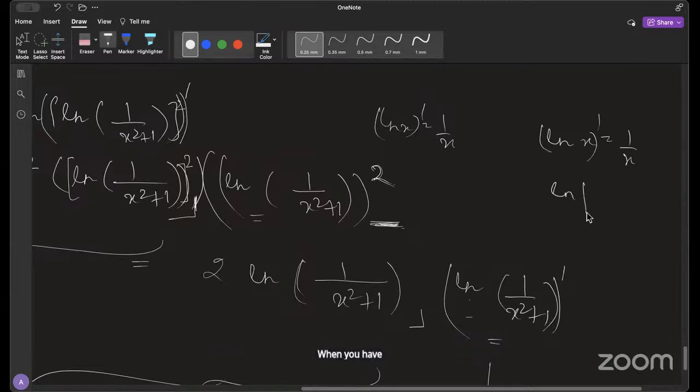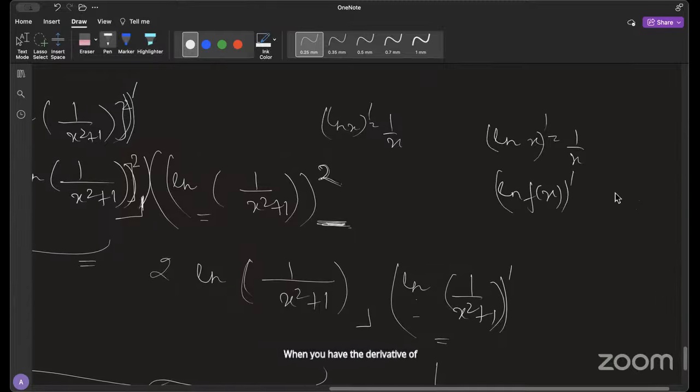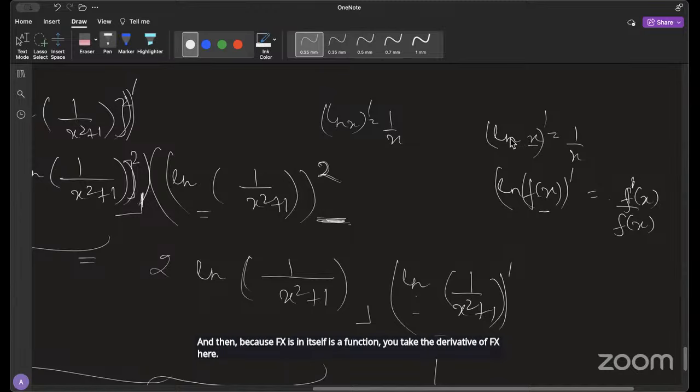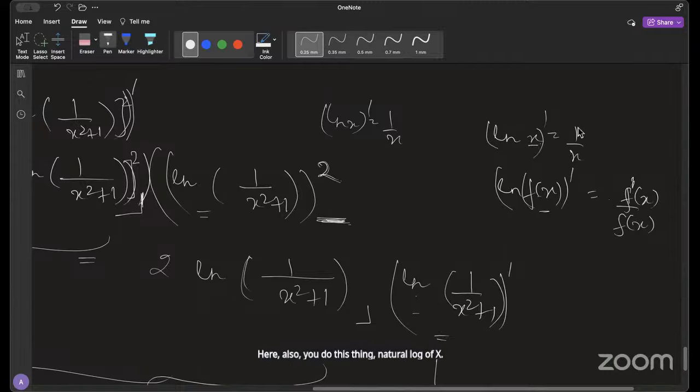When you have natural log of x, the derivative is 1 by x. When you have natural log of f(x), what's your f(x) here? 1 by x square plus 1 is your f(x). You just replace x by f(x). Here the argument is x, here it's f(x). So you do 1 by f(x), and because f(x) is itself a function, you take the derivative of f(x) too. For natural log of x, the derivative is 1 by x, and then the derivative of x is one, so it doesn't matter.